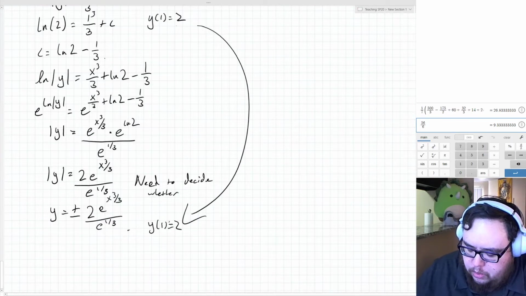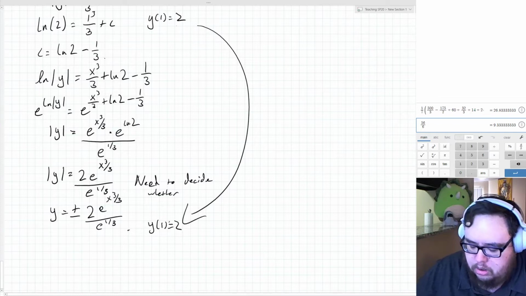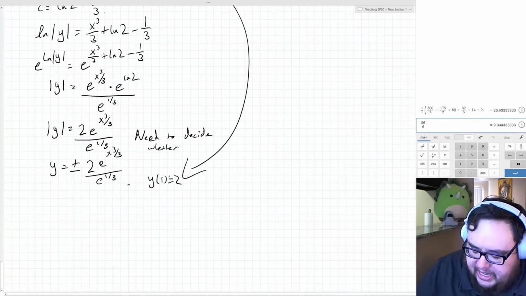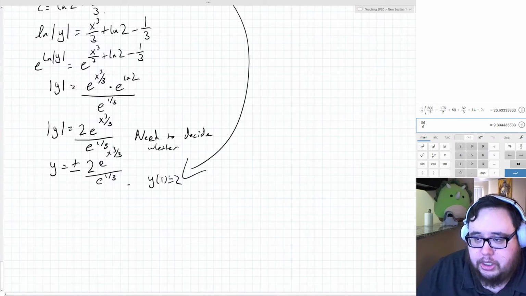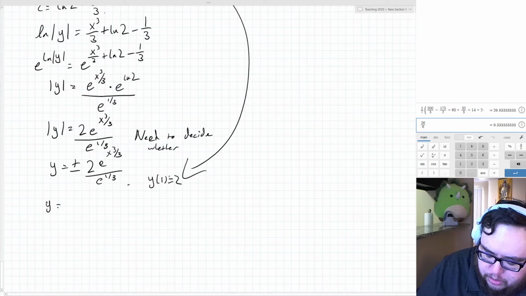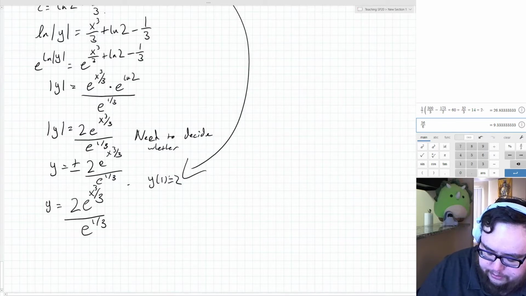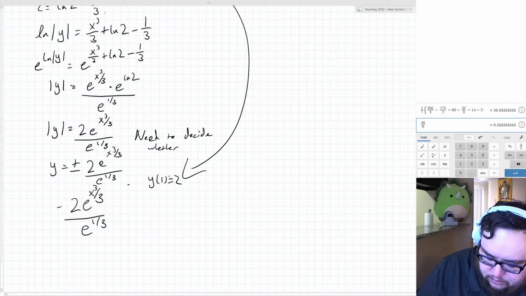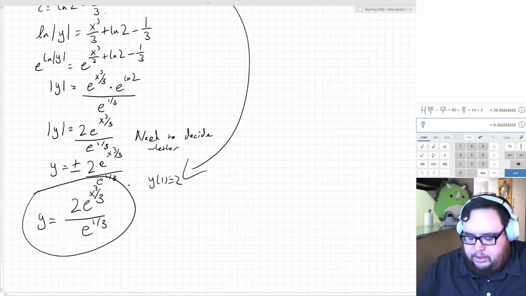When we plug in that 1 for x, we should get 2 for y. So that means that the right-hand side needs to be positive, so this has to be plus. So y is equal to 2e to the x cubed over 3 divided by e to the 1/3. And that's our solution.